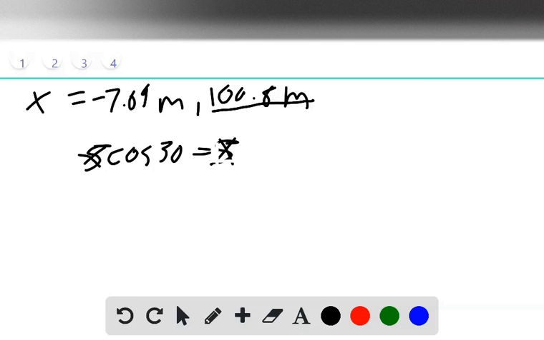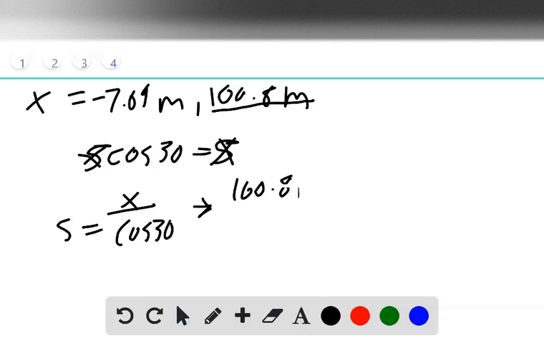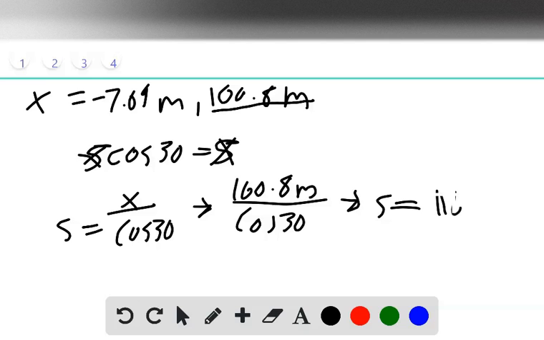Rearrange this equation and you solve for S, which is what we're looking for. S equals x over cosine 30. x equals 100.8 meters over cos 30, and you get S equals 116 meters.